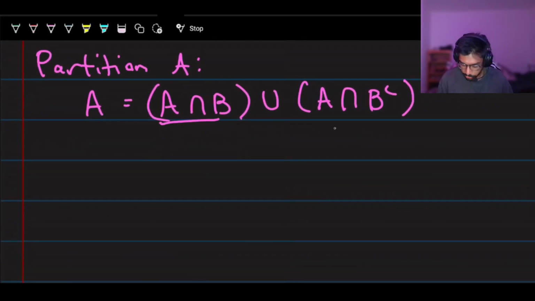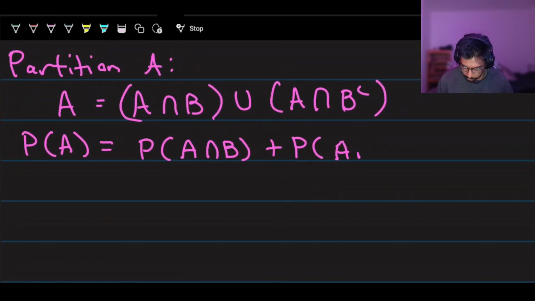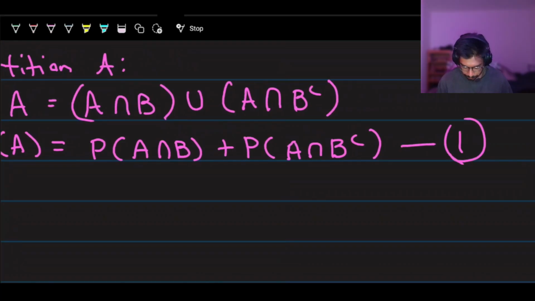And since these are disjoint sets, when we take the probability of A, we have that it's the probability of A intersect B plus the probability of A intersect B complement. And we will call this equation 1.